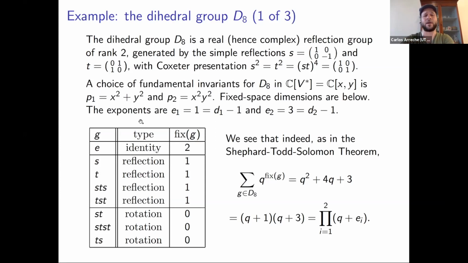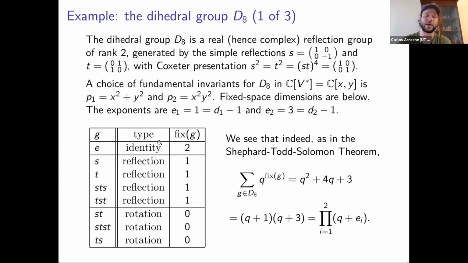One possible choice of fundamental invariants in this case is written here: x squared plus y squared and x squared times y squared. An equally reasonable choice would be to replace the second invariant with x to the 4th plus y to the 4th, if you like, but the degree is still 4.